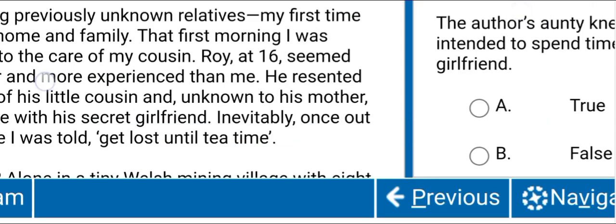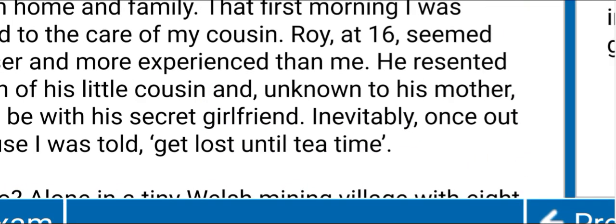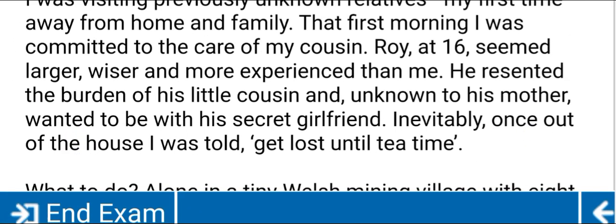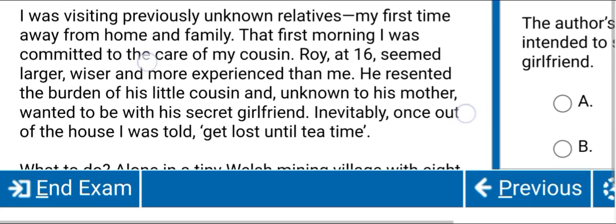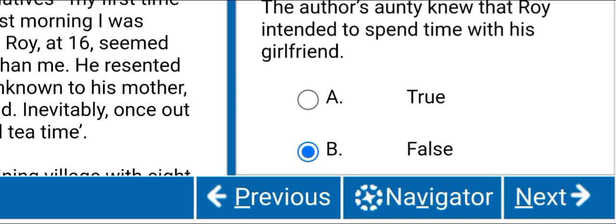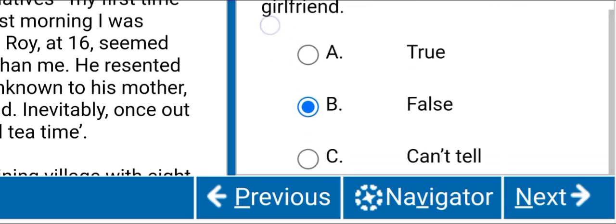Because of this statement which is written in that passage, like unknown, he resented the burden of his little cousin, and unknown to his mother wanted to be with his secret girlfriend, the statement that the author's auntie knew that Roy intended to spend time with his girlfriend is false. So we have option B is correct, which is false.